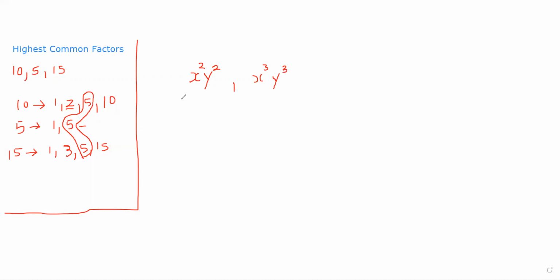Good. So we have 2 sets here again, but we're not dealing with numbers now. We're dealing with variables or terms. For the first one, we have x squared y squared. And for the second one, we have x cubed y cubed. What is the highest common factor there?